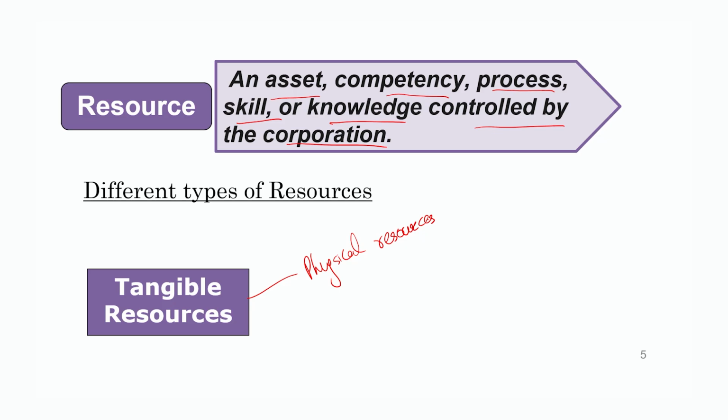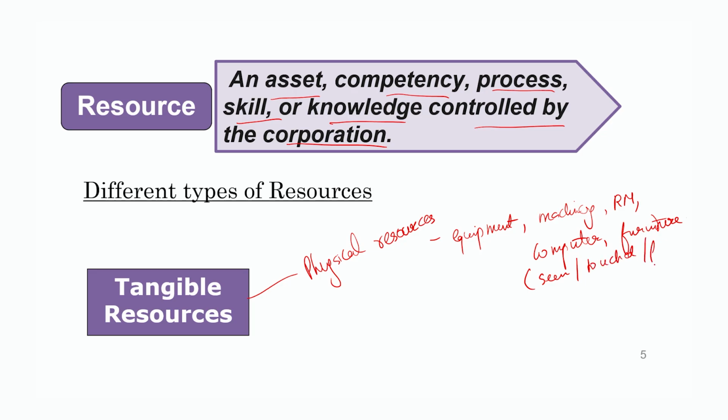It includes physical resources such as equipment, machinery, raw material, computer, furniture or anything which can be seen, touched or felt.